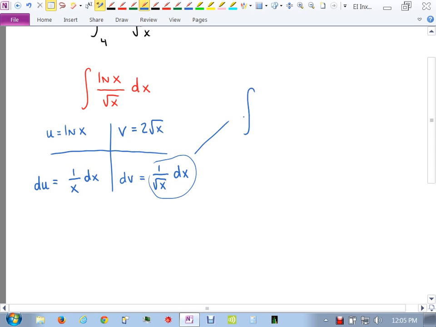We're trying to do the antiderivative of x to the negative 1/2, aren't we? That's what 1 over square root of x is. So the antiderivative of that is 1 over n plus 1, x to the n plus 1. So that's 1 over a half, which is 2, x to the 1/2, which is square root of x. So 2 root x.